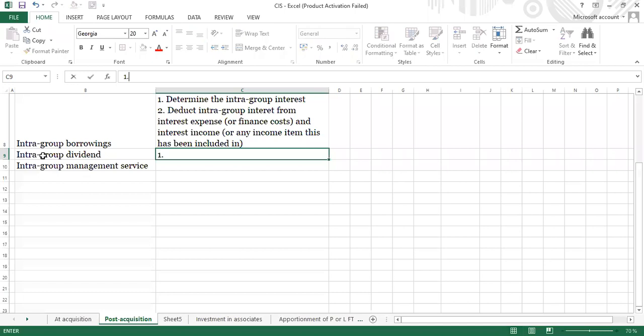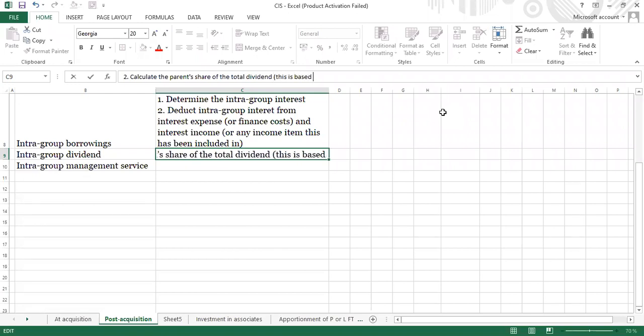Intra-group dividend, on the other hand, too: identify or calculate the total dividend paid or declared by the subsidiary. Then secondly, calculate the parent's share of the total dividend.